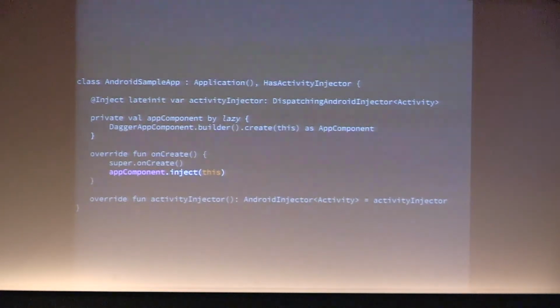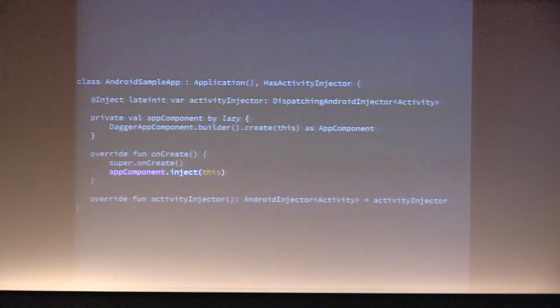Please note that this code is actually incorrect, because you should probably always use the Dagger application class when you want to use Dagger-android. Calling the inject method like this could lead to some bugs if you're using a content provider, because sometimes the onCreate method of the content provider will be called before your inject call here.